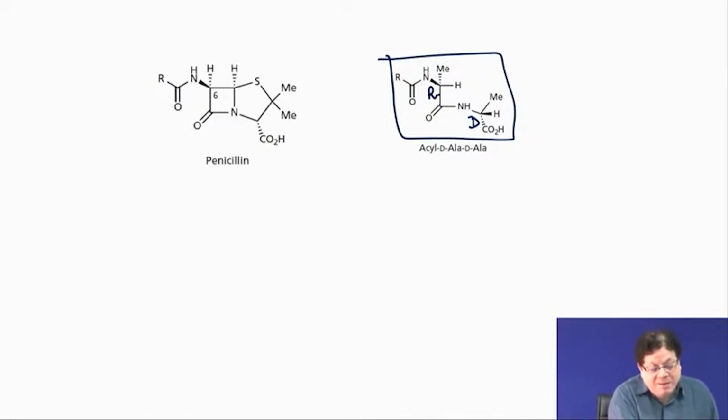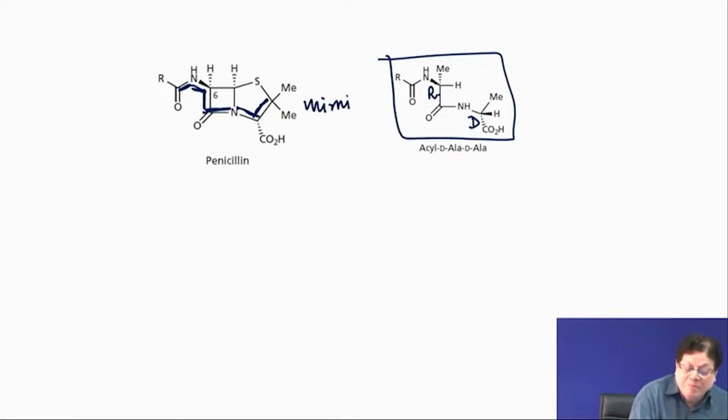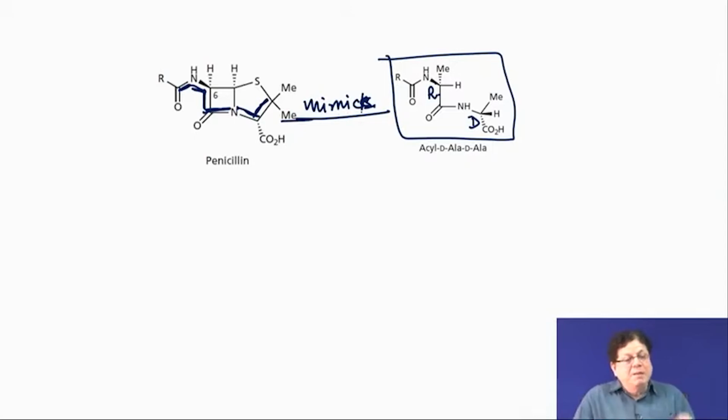So, I have written the D-alanine in this fashion, and look at the structure of penicillin. See, this is same. If you look at the backbone only, you will see the similarity of penicillin and D-alanine. Okay. So, that means penicillin mimics D-alanine in structure.